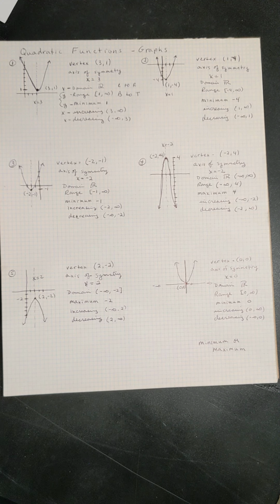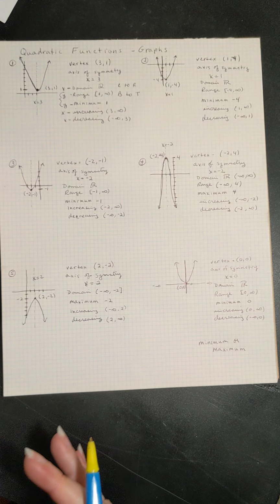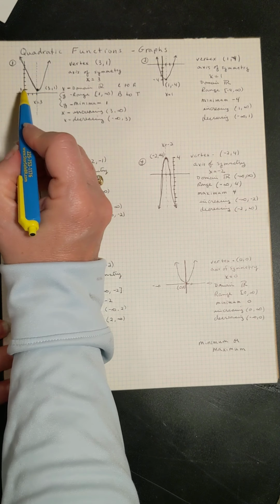All right? Now, last thing is they want you to find y-intercepts and x-intercepts. So let's start with the y-intercept. The y-intercept is where it hits the y-axis. So let's look.